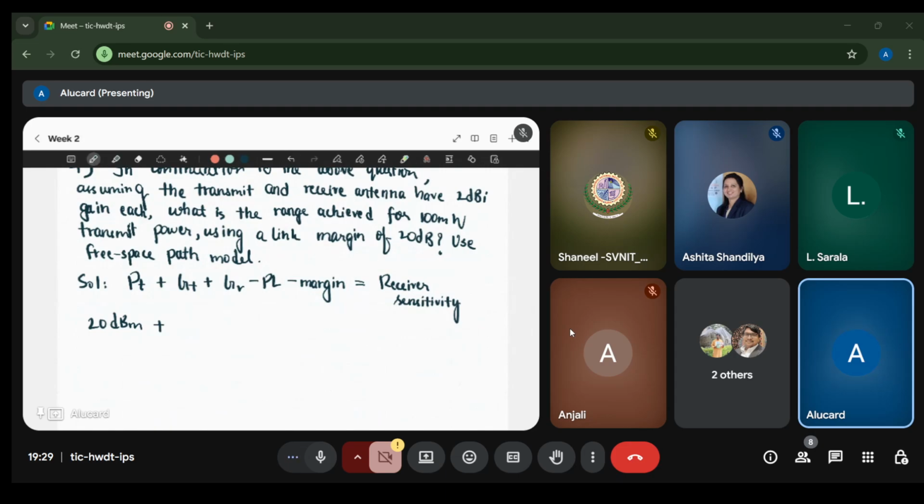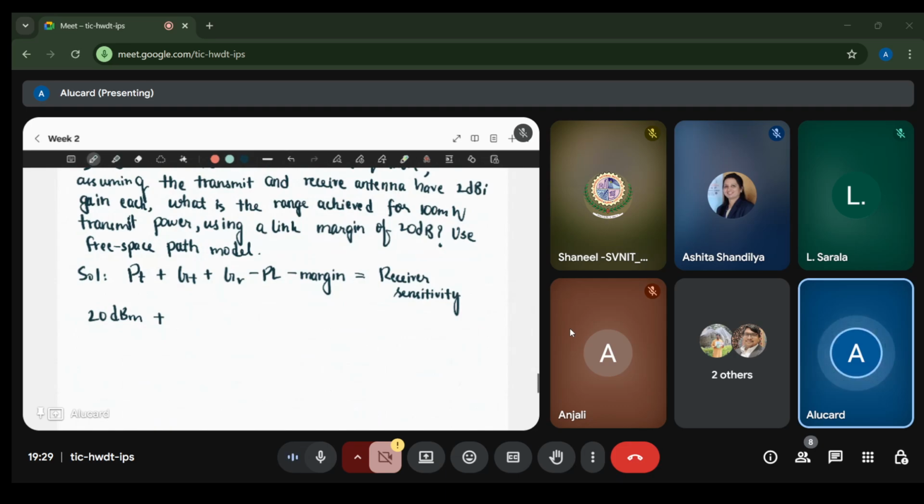You can add all quantities in dBm or all quantities in dB watts. dB is just a scaling factor, it means a dimensionless quantity. But dBm means dB with reference to a milliwatt. When you write dB watts, it's with reference to a watt. So you can't add dBm and dBW.